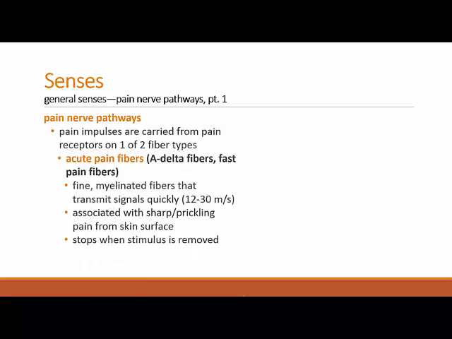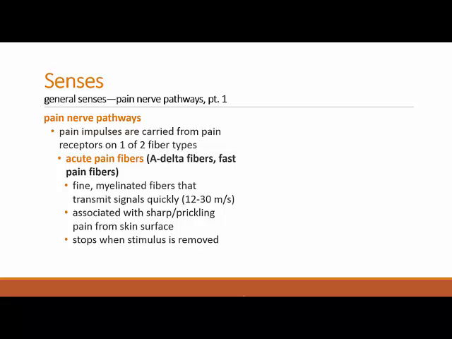Okay, so pain nerve pathways. Again, there's the A fibers or acute pain fibers or fast pain fibers. They all mean the same thing. These are fine, very thin myelinated fibers, and they transmit pain sensations very quickly, between 12 and 30 meters per second. So that's something on the order of 40 to 100 feet per second.